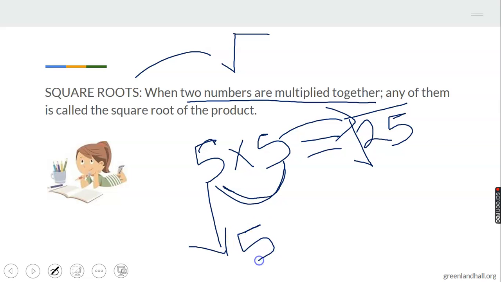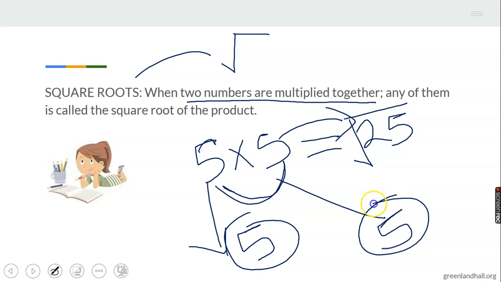I can pick this 5 as my square root, or I can say this other 5 is my square root, but I'll just pick one of them. So that's what it means: any of them is called the square root of the product. Is that clear? Are you sure?